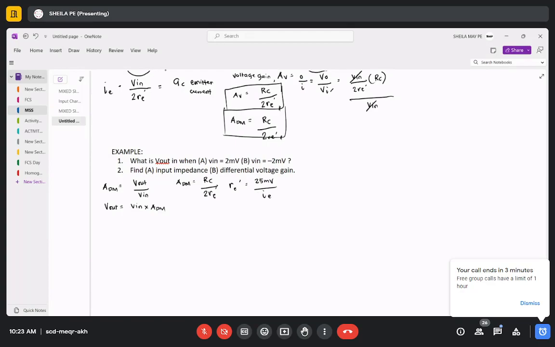In getting our IE, we have the formula V in over 2RE. Or, okay, if you are given a circuit, okay, kung makakuha ta og circuit class, then we can make use of that circuit.